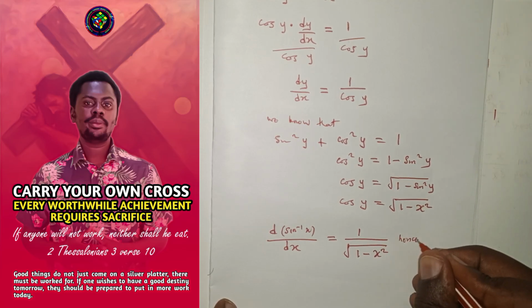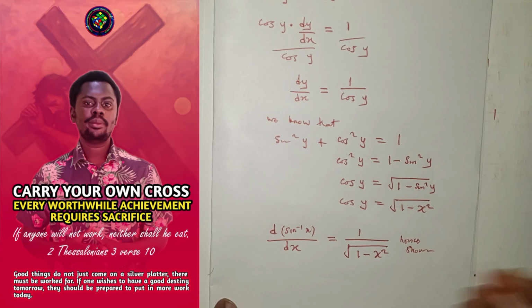Hence shown. So again, we have shown that the derivative of sine inverse of x with respect to x is equal to 1 over the square root of 1 minus x squared.